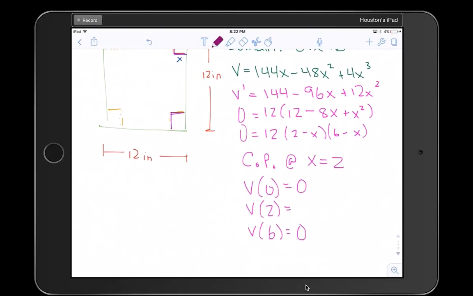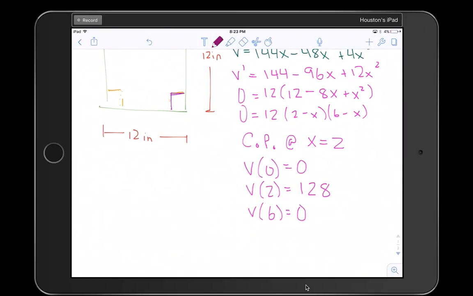An x value of 2 results in a volume of 128, which means that this is going to have a maximum volume of 128 inches cubed, which means the cutout squares should be 2 inches on a side.